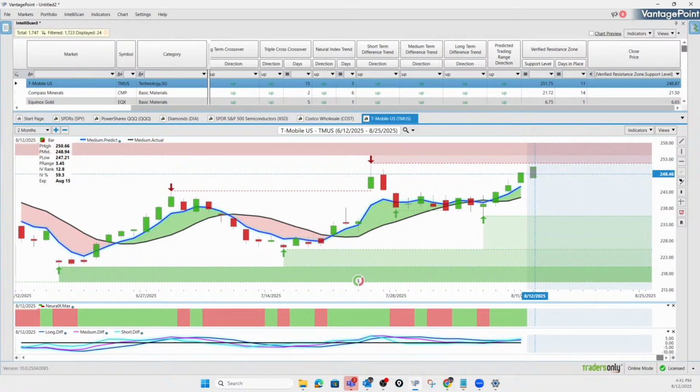Our range for today was 248.30 with the high at 252.59, so just a couple of dollars off. Our range was 250.66, so less than $2 off for a $250 stock. That's pretty darn close when it comes to the expected range.